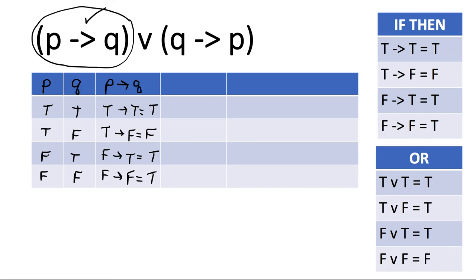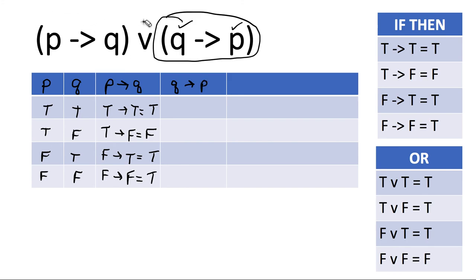All right, the next thing I need to work on is the right side of the compound statement. So again, I have a Q column, I have a P column already, but I don't have the column where I have the arrow in between. So I'm going to add that. So Q, arrow P, and again, we're going to do some copying. We're going to come here and underneath this Q, we're going to copy our Q values down.